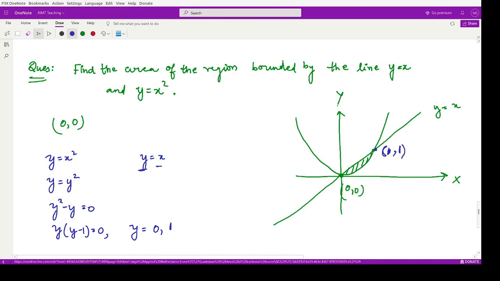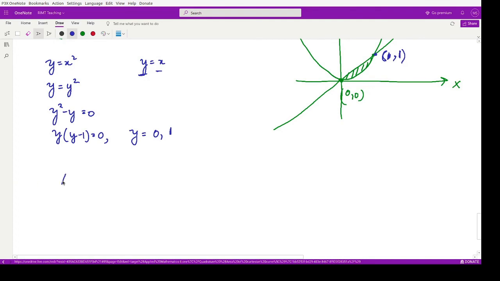So now let us see what the area for this curve is. The area here is equal to the integration. Now what are the limits for this integration? It will have the limits of x. And in between, what do I write? I will write the value of y for this curve.